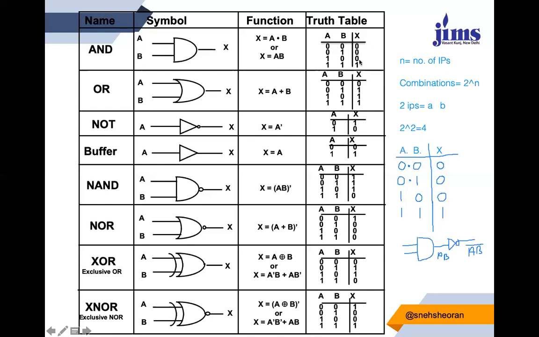So this 0, 0, 0, 1 gets complemented here and you get 1, 1, 1, 0. So you can summarize a NAND gate: if both the inputs are high, I'll repeat, if both the inputs are high, then the output is always going to be in low state or in 0 state.